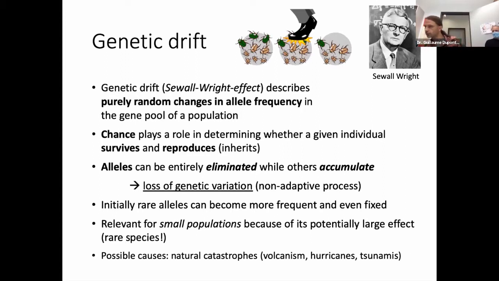Okay, fires, continental drift. So fires is a very important thing. Everybody has heard about these catastrophic fires in Australia last year, where an incredibly large number of individuals of many species died. So this can have an enormous effect on the genetic composition of surviving populations. But what else?